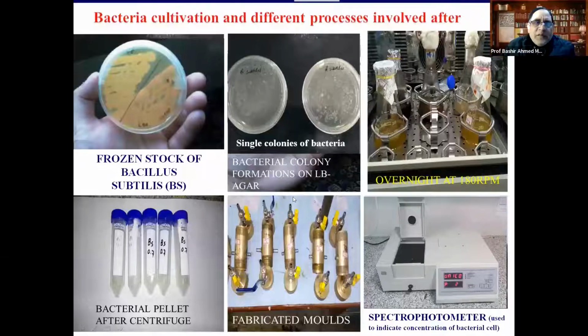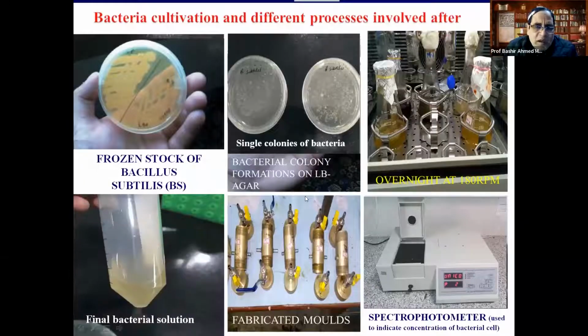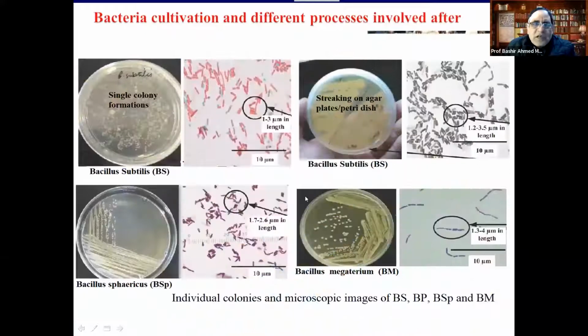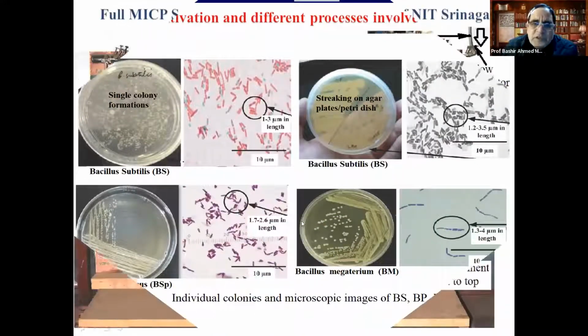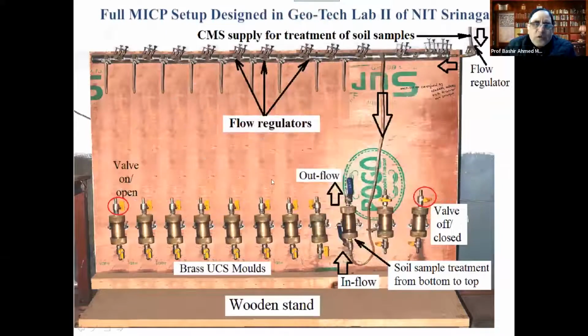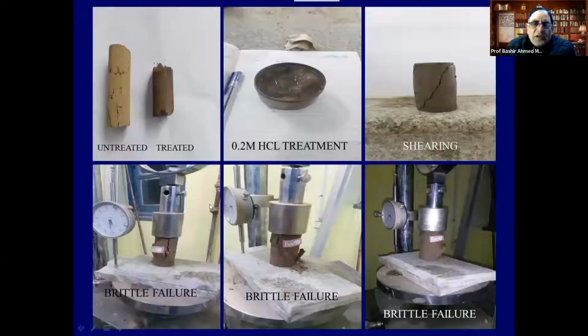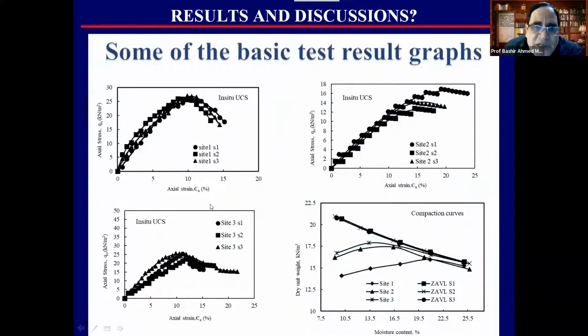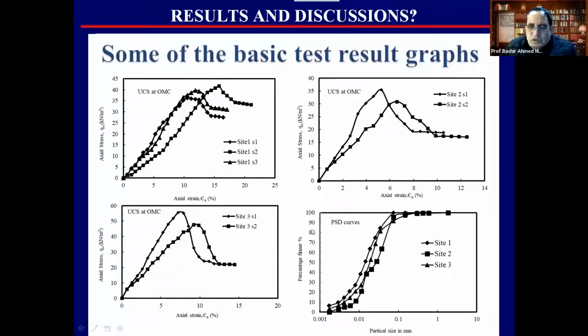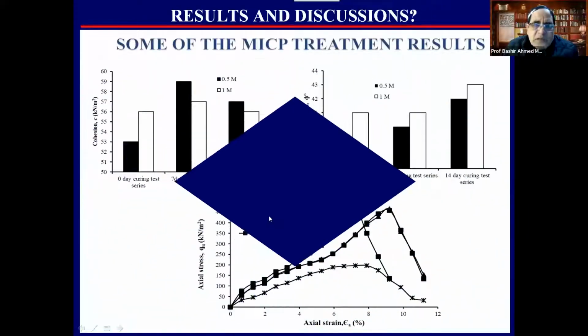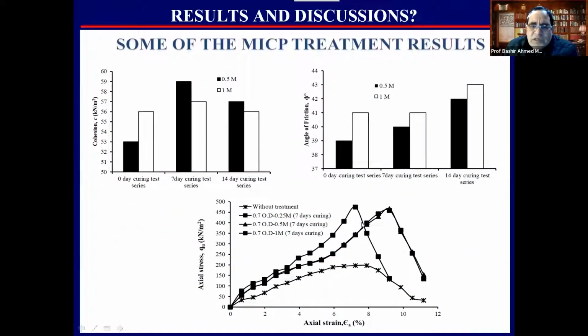Sorry, this is the bacteria cultivation, and this is the final solution. These are the single colonies, and we are receiving microscope images. This is our full laboratory test where samples are being treated, and these are some basic tests of treated soils. I have put some very selected ones, we can see that we can improve the soil samples.